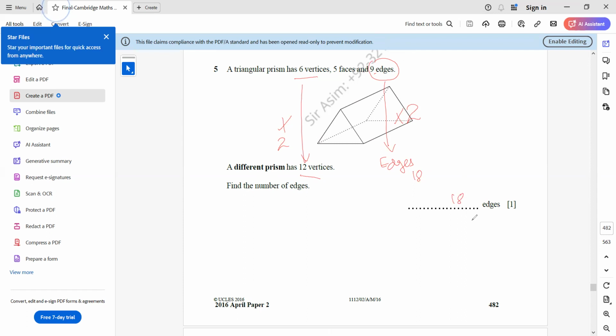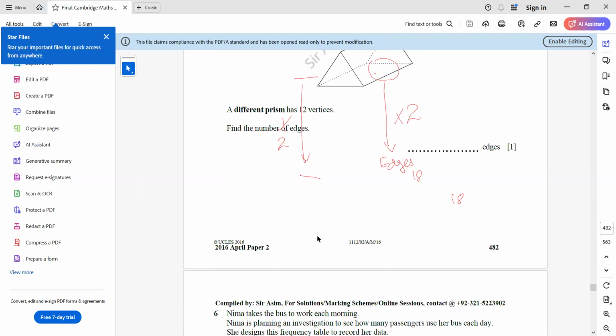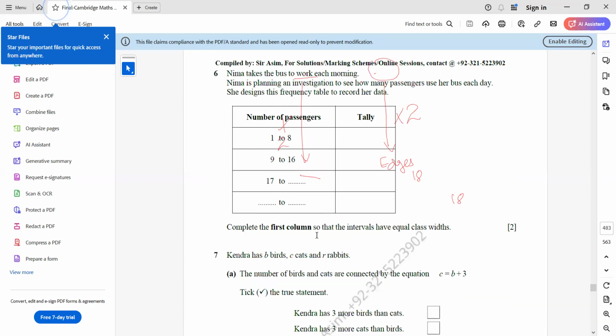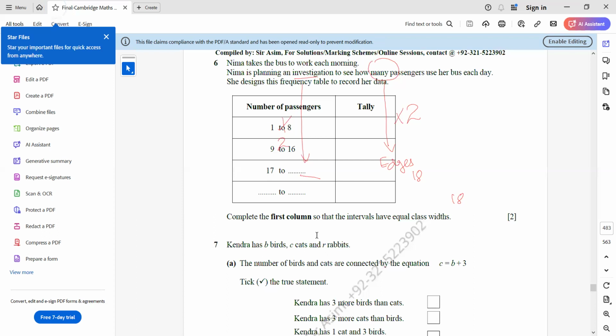So then it is the next question, question number 6. Nima takes the bus to work each morning.